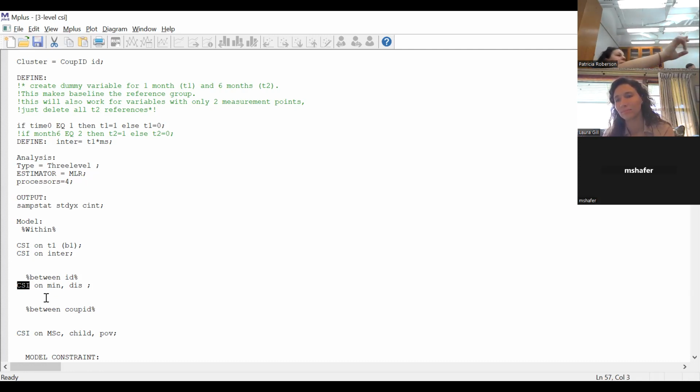I fixed the slope, not the intercept, because if you move the intercept of time, it's the mean of that output.